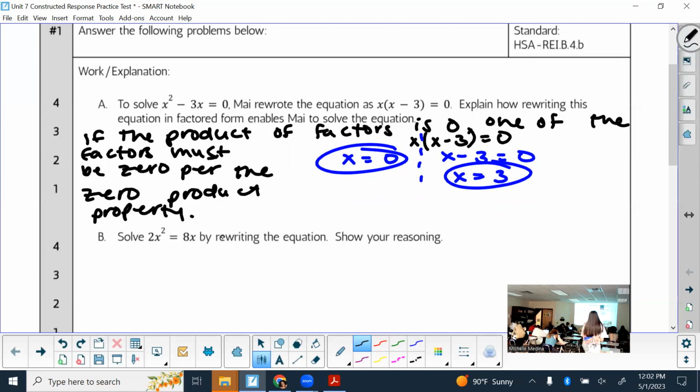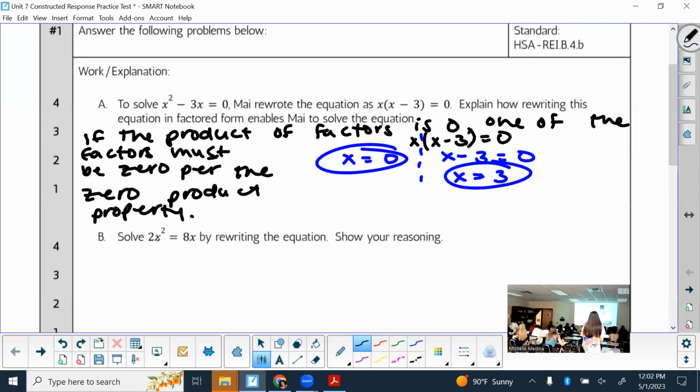Graphing is out of the question because it says rewriting. So, what'd you say, Eliza? Okay. I would say completing the square is out of the question because there's no C. Okay, factoring could work. If I want it to work, what do I have to do? What'd you say, Kaylin? Get everything on one side.